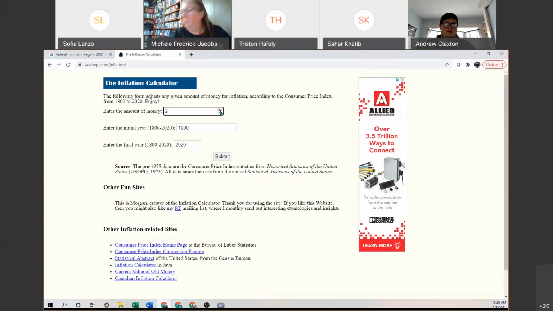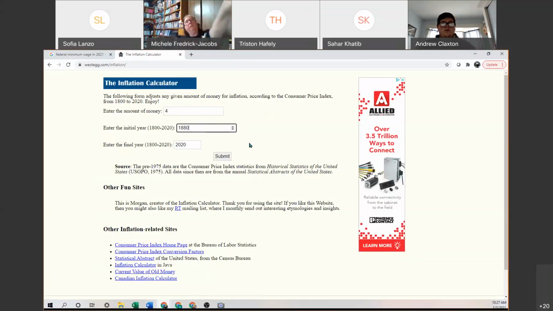But if we put, what was that? Now this doesn't let you do pennies, like 0.0. You can't do this. You can only use numbers. So we're going to put our amount, even though it's going to tell us dollars, we're actually assuming cents. And we wanted to go from 1880 to 2020.